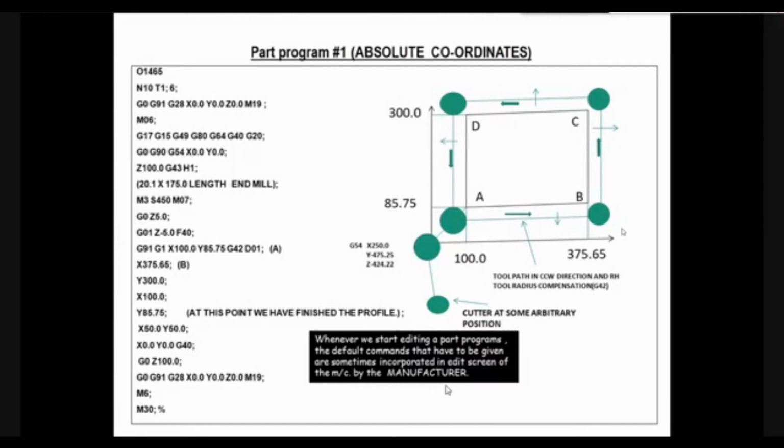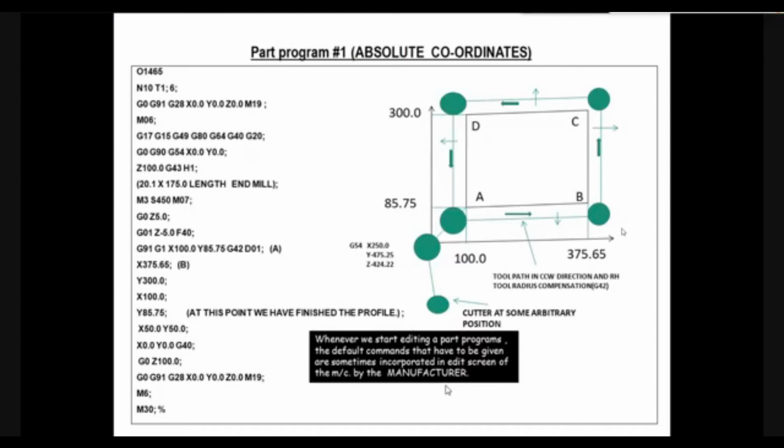Here, you should keep in mind that the length and diameter of the tool are measured and entered into the tool offset register, geometry H and geometry D. Suppose we have not given geometry D, then what happens?